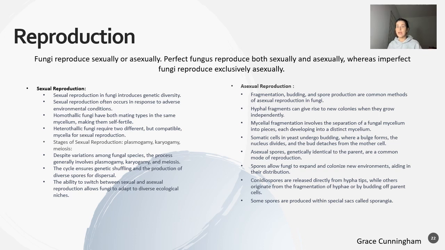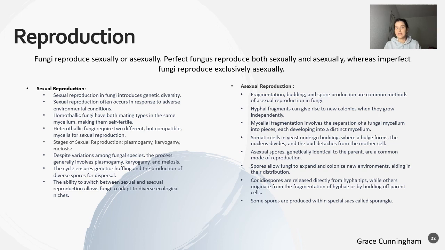There's homothallic, which is independent, and they reproduce on their own, and there's heterothallic, where it's merging cells and combining their insides and creating new nuclei, and that eventually leads to the formation of new and unique spores.